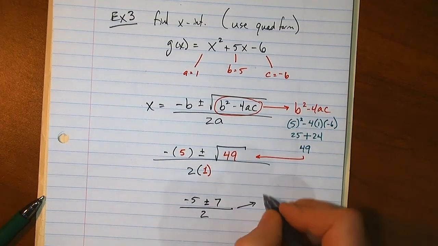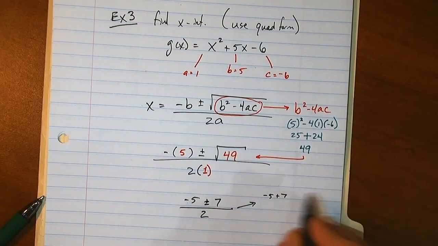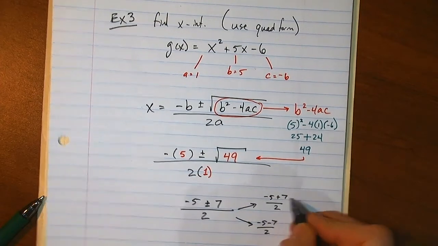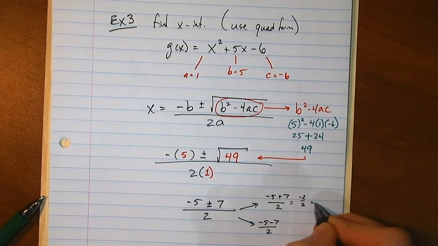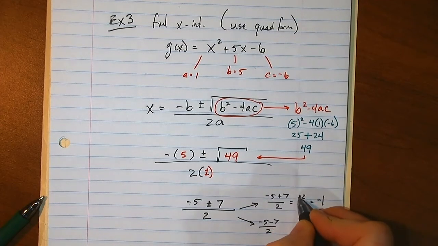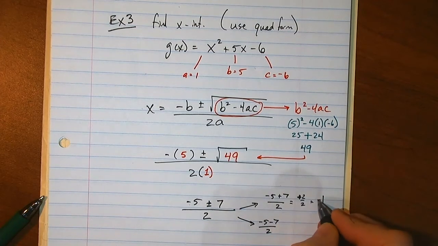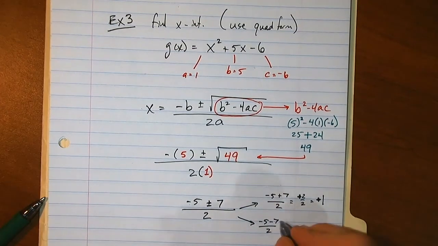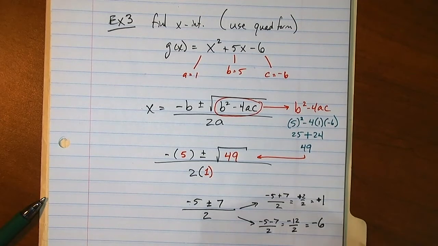So -5 plus 7 is one of the problems, and -5 minus 7 is the other problem. -5 plus 7 is a positive 2. Oops, my mistake there. Make sure you've got the right thing. Positive 2 divided by positive 2 is a positive 1. Now, -5 minus 7 is -12, divided by 2 gives me -6.